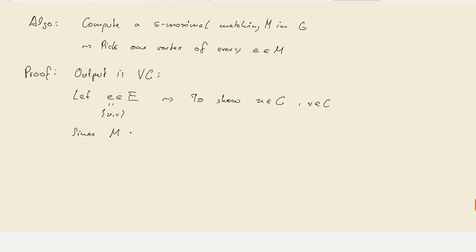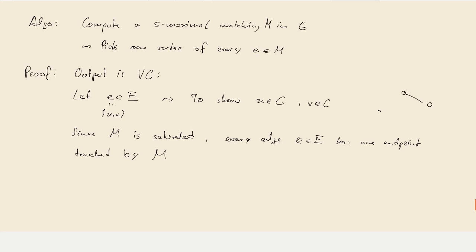So the point is that since M is saturated, every edge E has one endpoint touched by M. So for every edge, one of the endpoints must be somewhere in the matching, otherwise we could add that edge to the matching without violating the matching condition, and that means M would not have been a saturated matching.